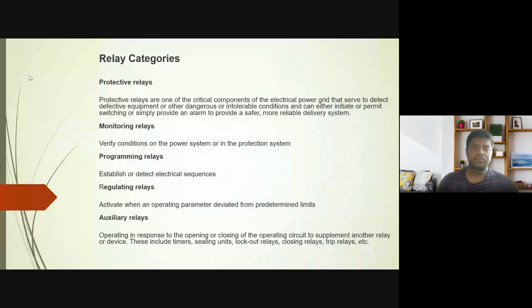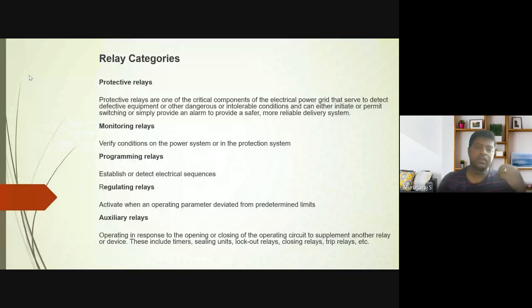And when it comes to monitoring relays, these are not very sensitive relays. Monitoring relays assess a system, be it a power system, a power distribution system, or a motor protection system. It monitors whatever parameters you would like to monitor, and whenever it reaches some threshold value, it will trigger information through your mobile or through an email alert.